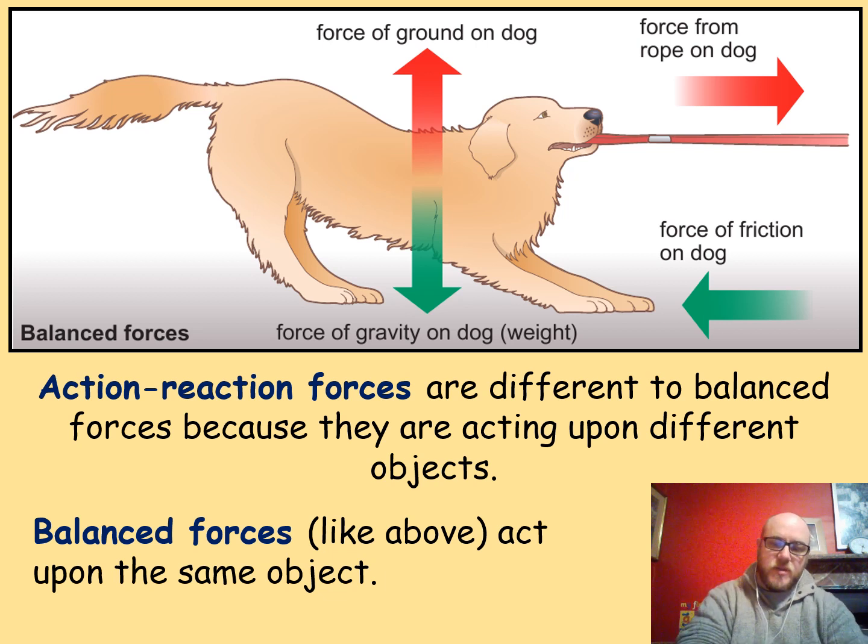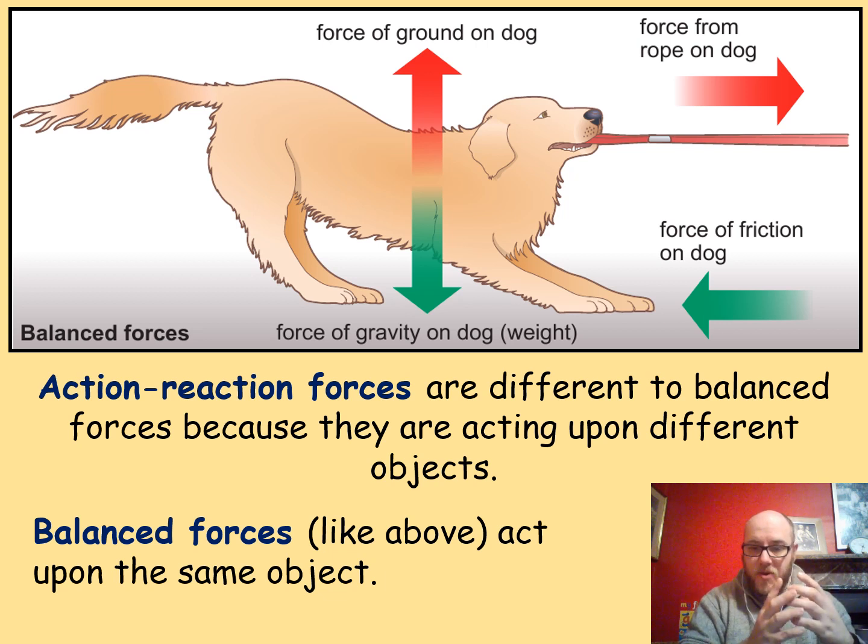When we go back to Newton's first law, we have to think about balanced forces on one object. The dog isn't accelerating in any direction because all of the forces on it are balanced. Now we have to change the language slightly to think about this. So the force of the ground on the dog is pointing upwards. The force of gravity on the dog is pulling it downwards.